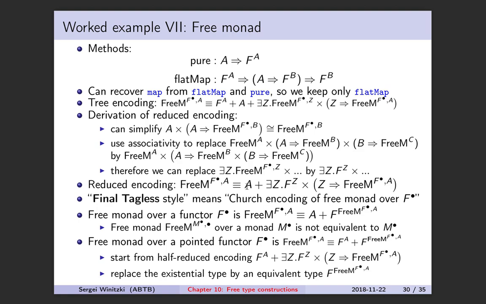Stack safety is important. I have just found that the church encoding of the free functor is not stack safe unless you use a reduced encoding first. So you first reduce the encoding using the functor laws, and then you church encode the results, and that can be made stack safe. Most likely it's similar with monads, because the tree encoding has twice the recursive use of the type, so that could probably prevent you from being stack safe.